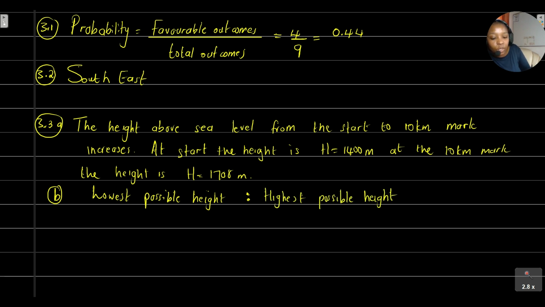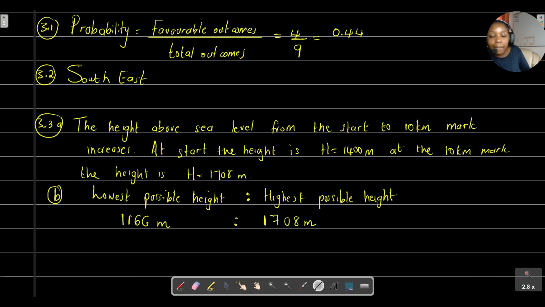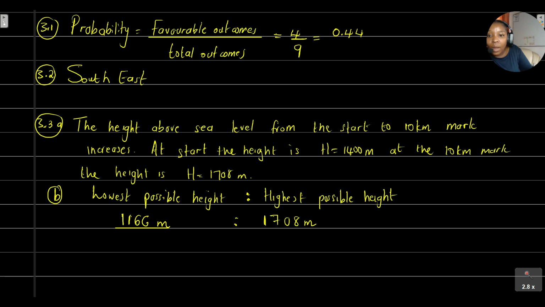Remember, I mentioned that if they say the ratio, it's your colon to the highest possible height. Okay, so what's the lowest possible height? It's 1,166 meters, to the highest possible height, 1,708 meters. We want it to be in the form of 1:something. So to get it in the form of 1:something, you just need to divide by 1,166 meters on the left hand side.